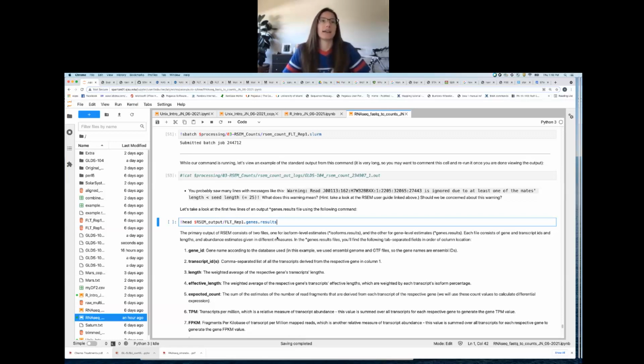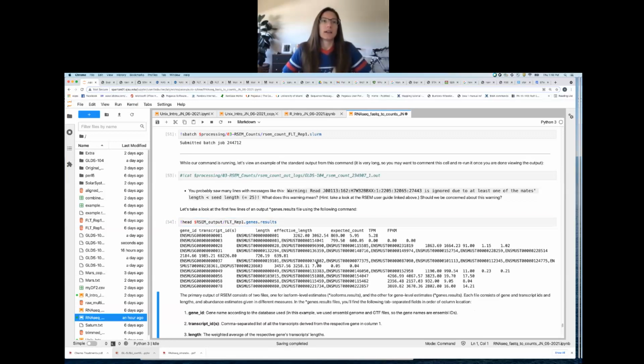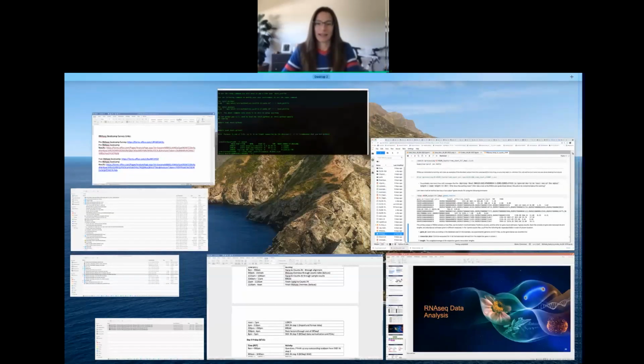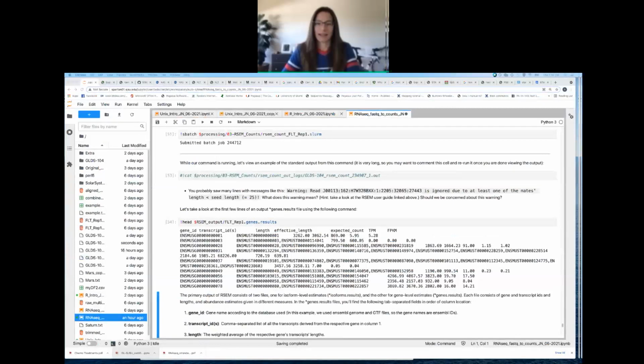So let's go ahead and take a look at our genes.results file from that flight 1 sample that we've been analyzing throughout the bootcamp. You can go ahead and run this code block. Again, we're going to look just at the first few lines, because we're using the head function in Unix, which we know by default prints out 10 lines.